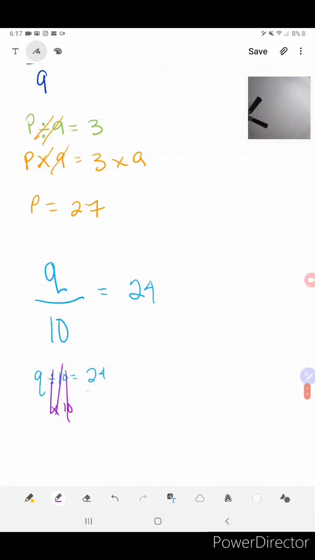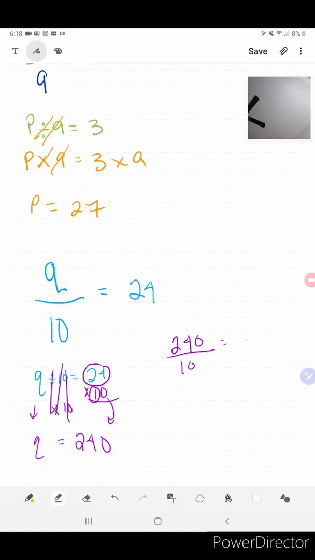So that cancels 10, and then we do times 10 on the other side. Q is all by itself. 24 times 10: 24 times 1 is 24, and then since there's a 0, we put it there. So that means 240 over 10, which is our Q, 240, divided by 10 is, you cancel out your zeros, 24 divided by 1 is 24. Okay?